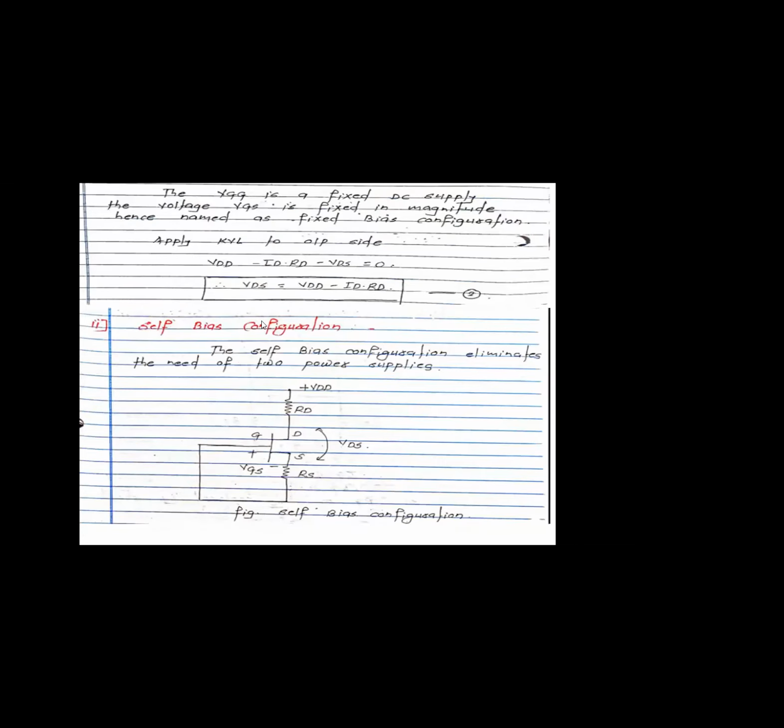Now the same KVL applies to the output. Here is the output: plus VDD minus ID into RD minus VDS, and here minus IS into RS. So the total equation is VDD minus ID into RD minus VDS minus IS into RS.